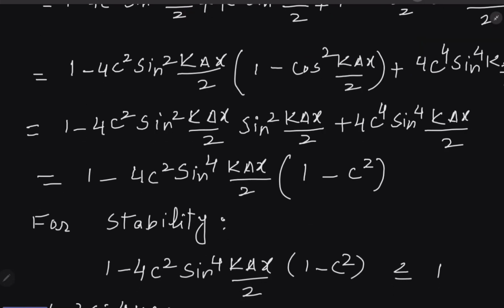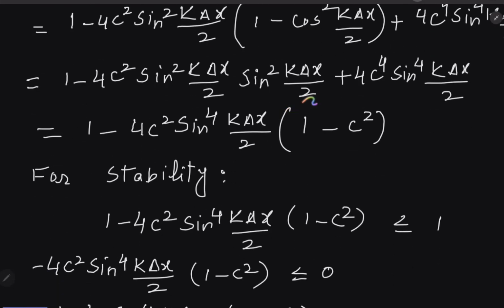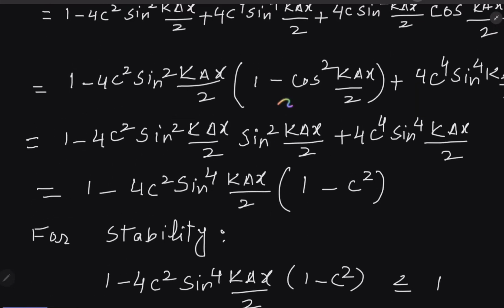After some simplification, this becomes sine square k delta x by 2. We take common 1 minus 4 c square sine square k delta x by 2, and we get sine to the power 4 k delta x by 2.